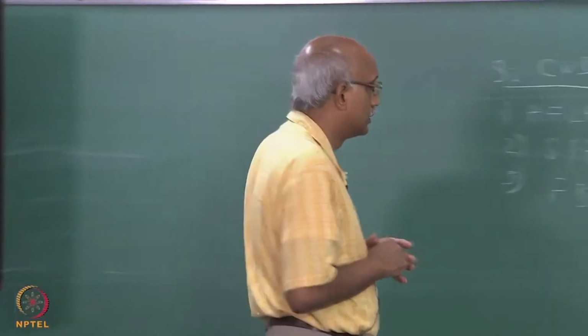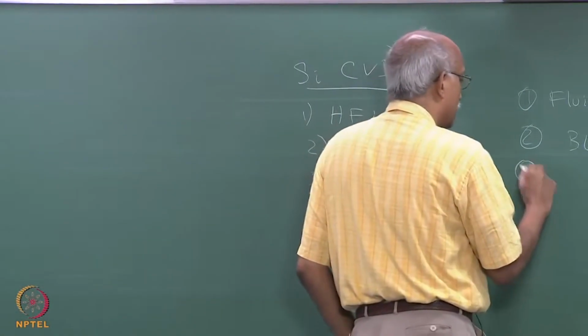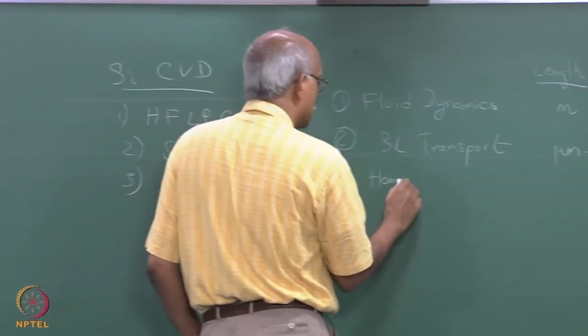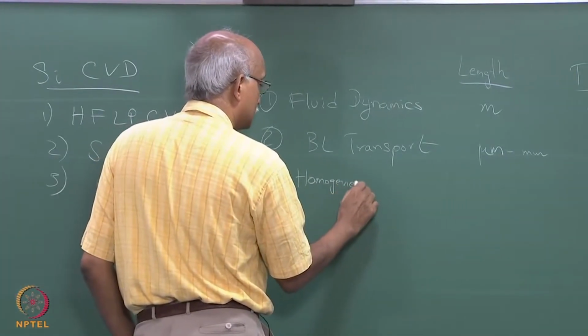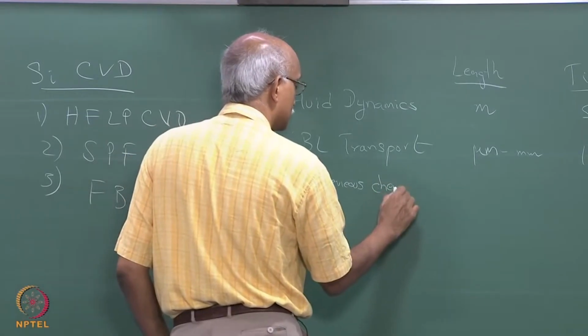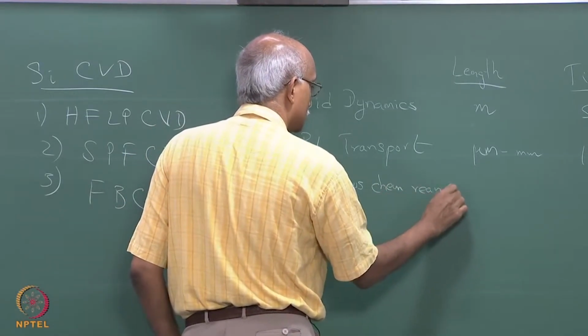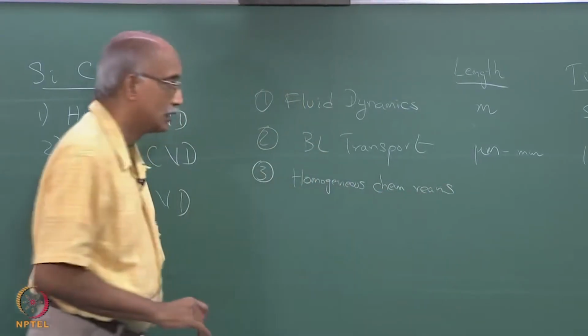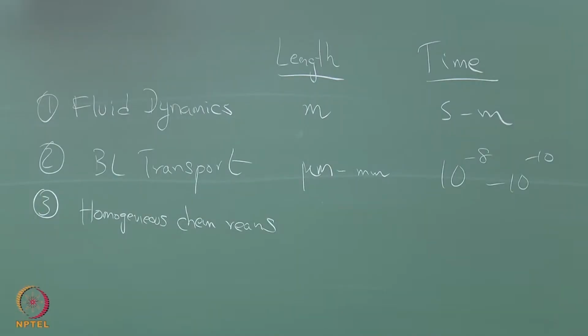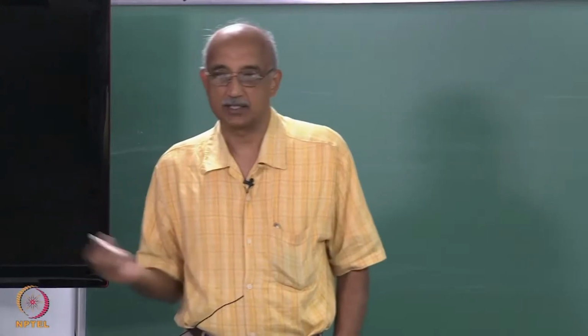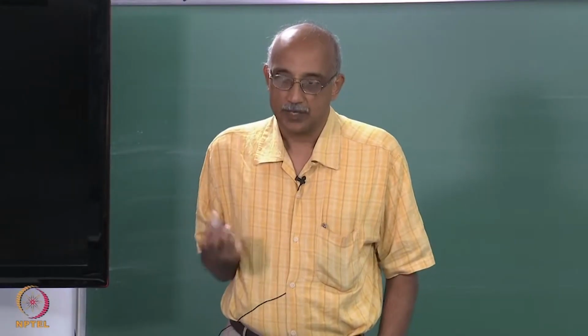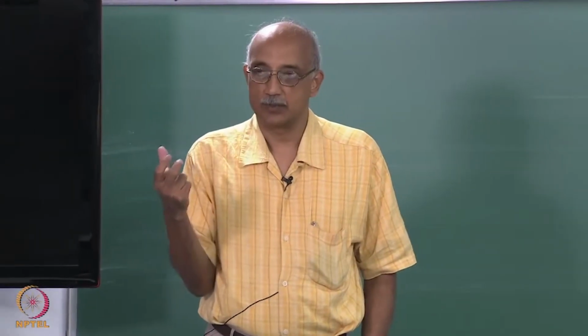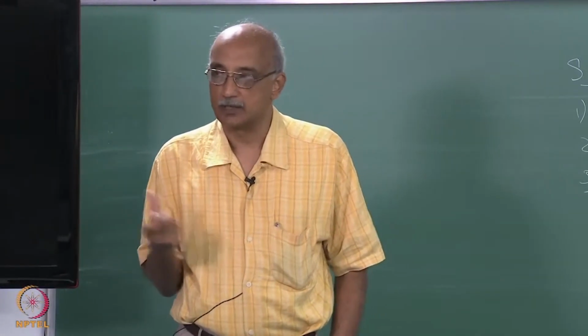Now, there are also homogeneous chemical reactions happening. And in the case of a homogeneous chemical reaction, what is the length scale? Well, for a reaction to happen, the molecules have to be close on an atomic scale, right.